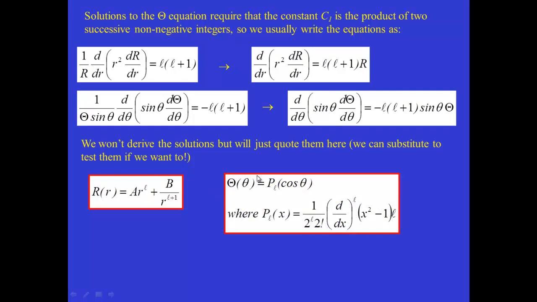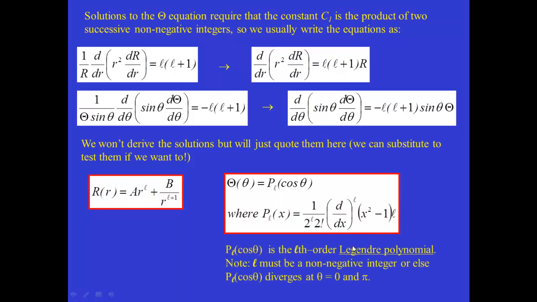Now, there's also a solution to the polar equation involving theta, and the notation that we use for this is that capital theta of theta is equal to P sub L of cos theta. Now, P sub L is the symbol that we use for a special function that's called a Legendre polynomial, and the L indicates the order. So P sub L of cos theta is the Lth order Legendre polynomial.